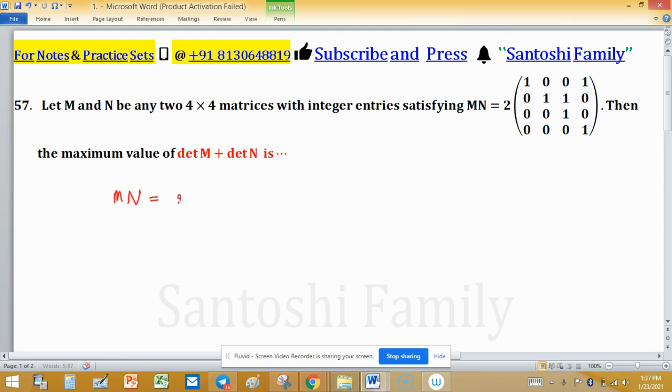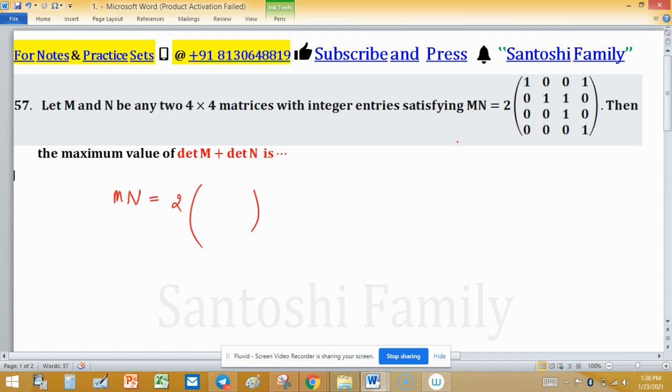MN can be written as 2 times this matrix, and if you focus on this matrix, all diagonal elements are 1 and there are some non-zero entries above the principal diagonal, so it is an upper triangular matrix.